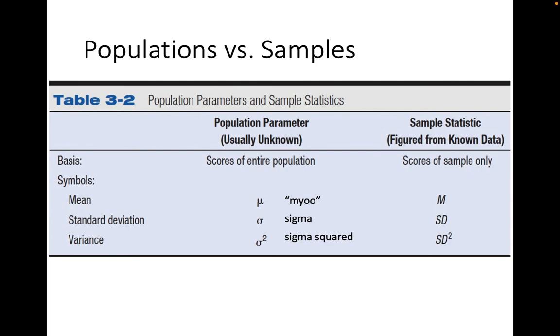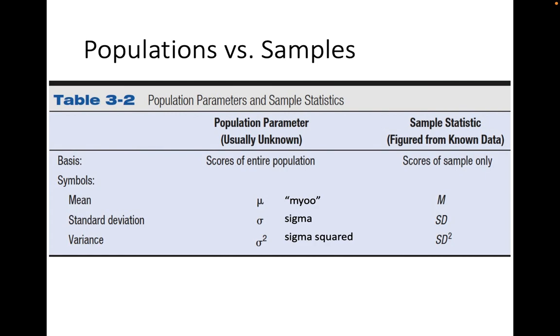It's very, very important to remember these symbols and keep them straight because they represent similar things, like a mean, but means that are very importantly different. So while mu and M both refer to a mean, one refers to the mean in the population and one refers to the mean in the sample. And it's very important to keep those separate.